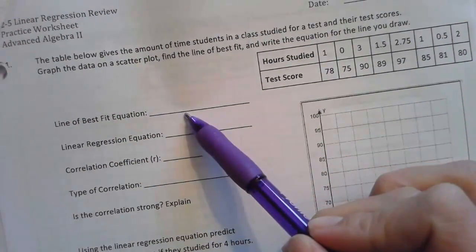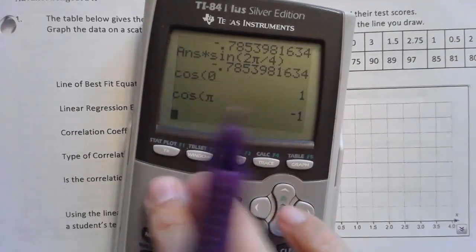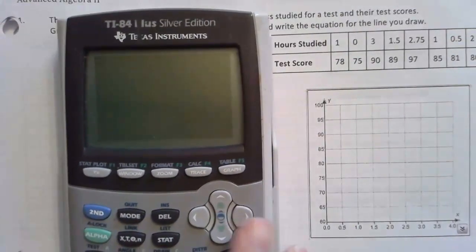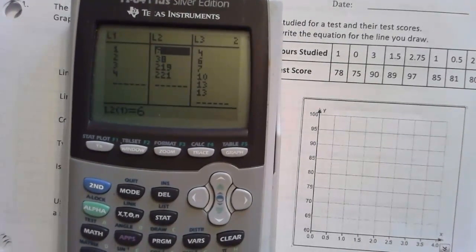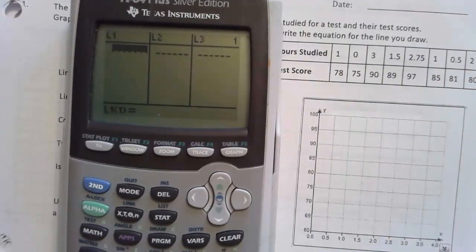In order to get that, you need to use your graphing calculators. So you're going to go on those graphing calculators, and we're just going to walk through those steps real quick. Clear out anything on your screen. You're going to go to Stat, and then Edit. You can see I have data in my list, so I'm just going to hit Clear at the top. Clear all that data out. In L1, I'm always going to put the top row.